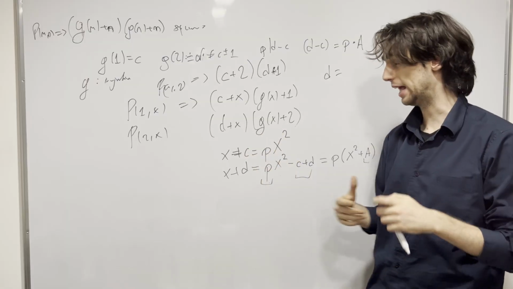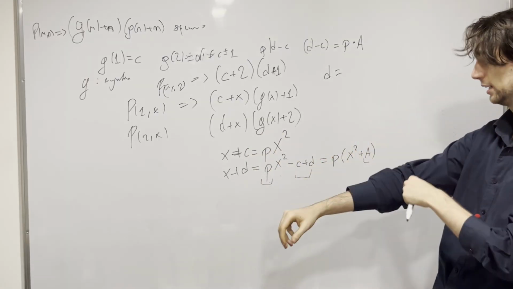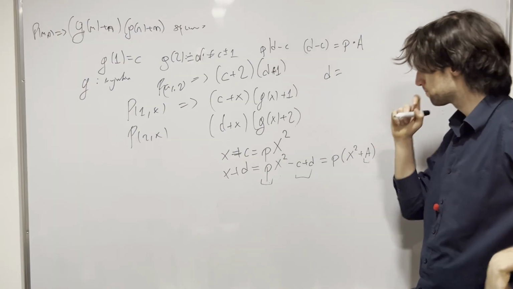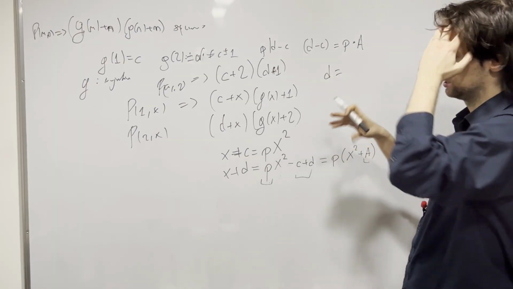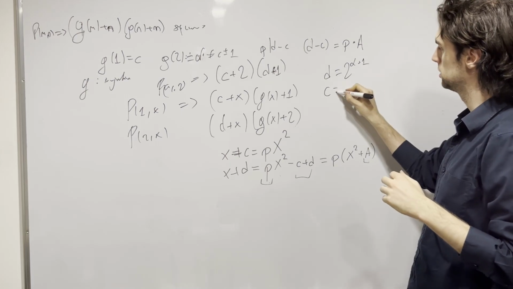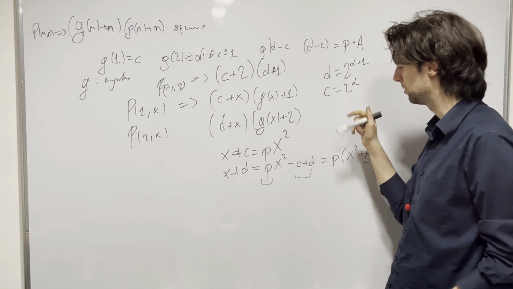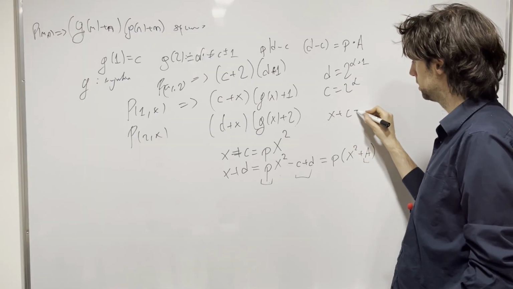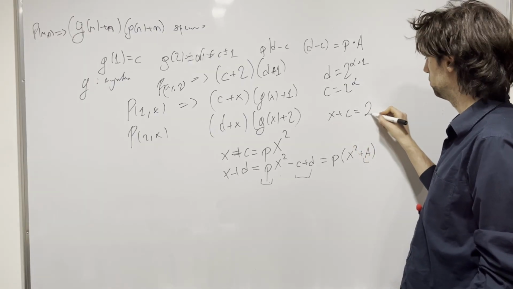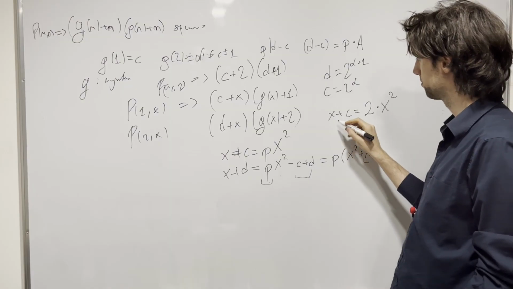Versus this is with x, and x I can manipulate to be a lot of different things. So now, let's look at this very specific case. d is equal to 2 to the alpha plus 1, and c is equal to 2 to the alpha, right? Then x plus c is going to be forced to be 2 times some x squared.